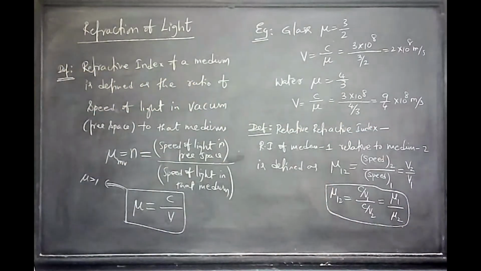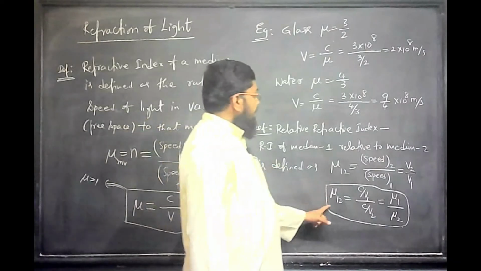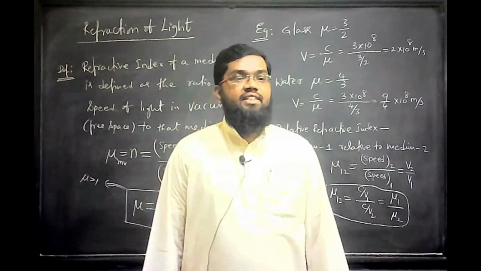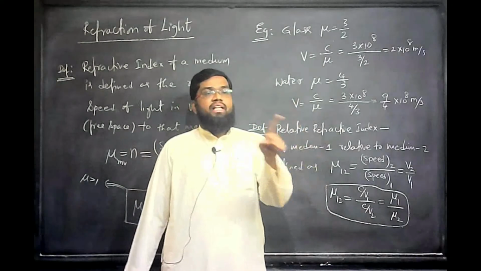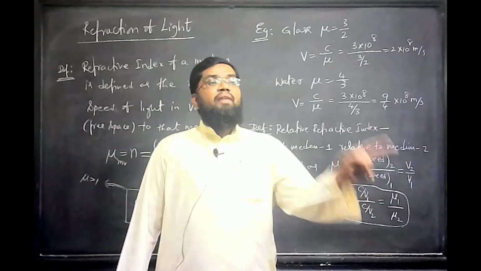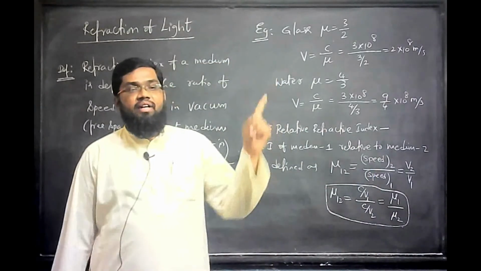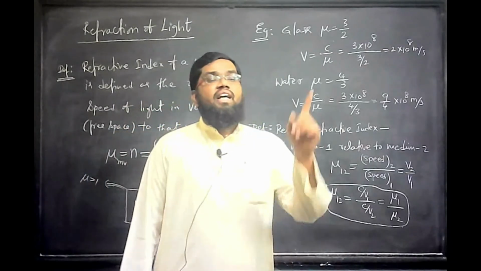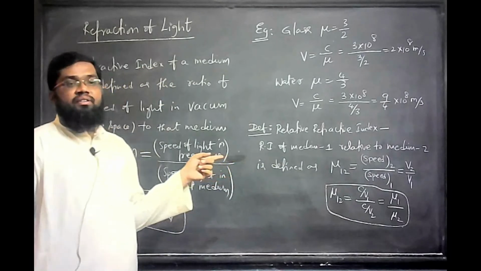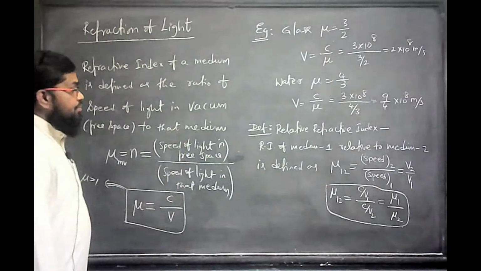So the relative refractive index, the refractive index of 1 relative to 2, is defined as mu1 by mu2. But with velocity and acceleration, the velocity of car A with respect to car B is VA minus VB, and the acceleration of car A with respect to car B is acceleration of A minus acceleration of B. But here you should not write mu1 minus mu2. Okay? So be careful, that point will be here.